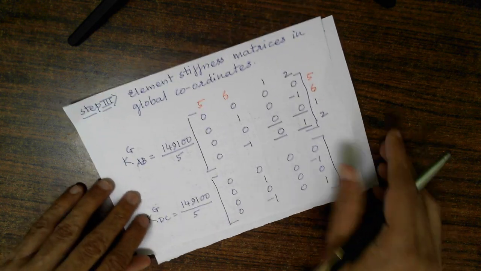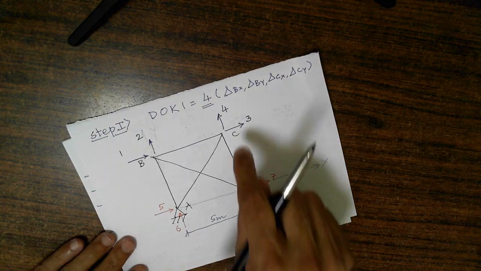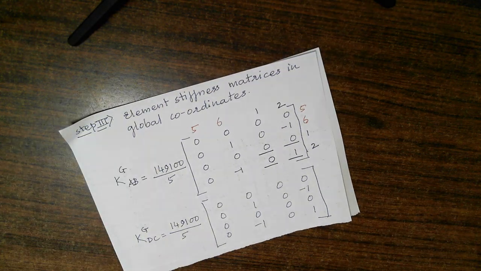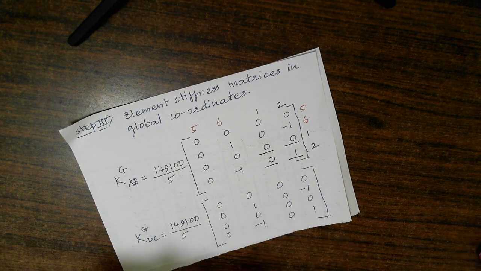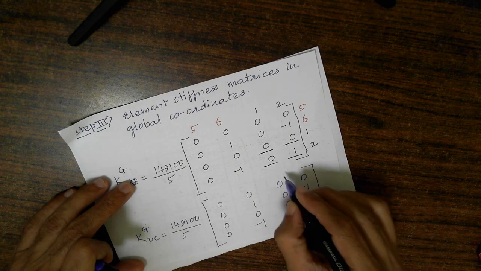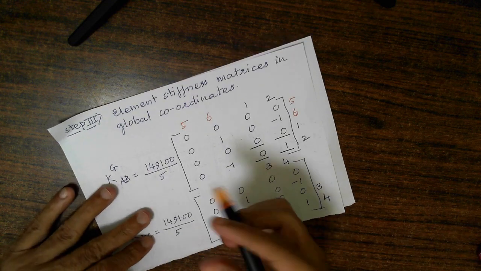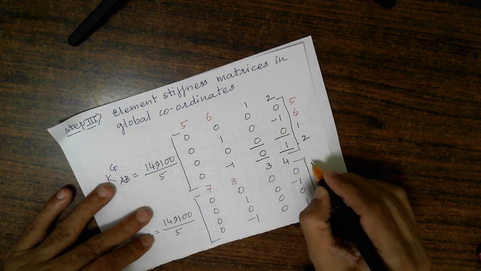For DC, I must see how to name it. I am numbering DC as 7834, so 7834 by 7834, and the non-possible entries I am indicating in orange color.